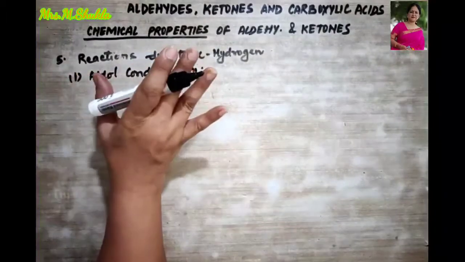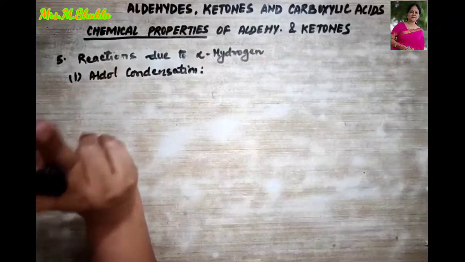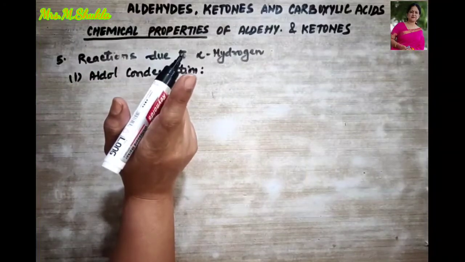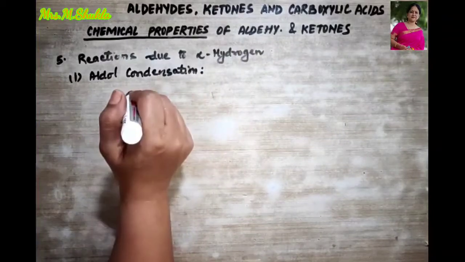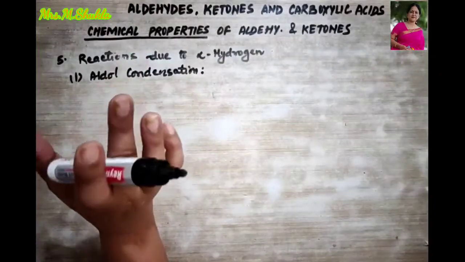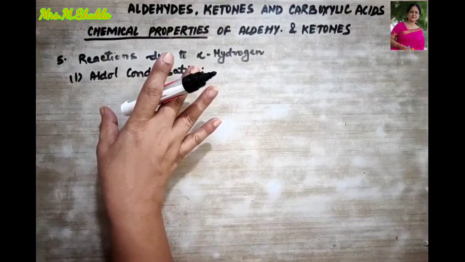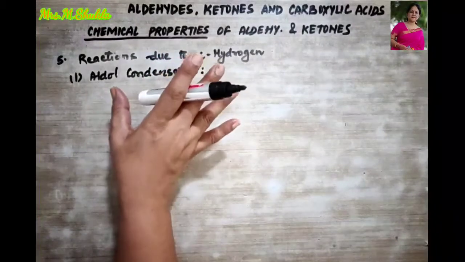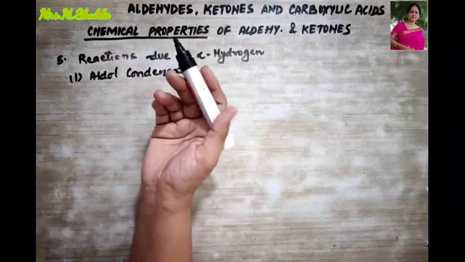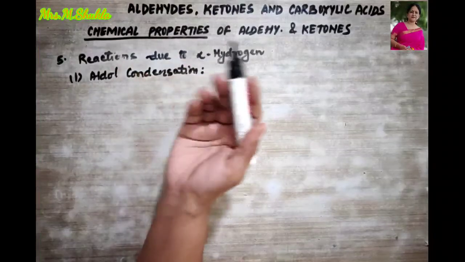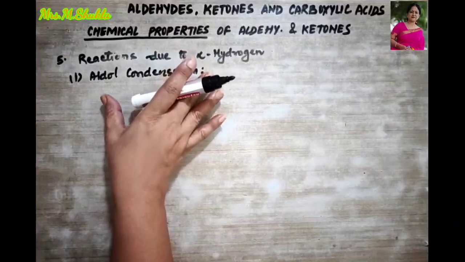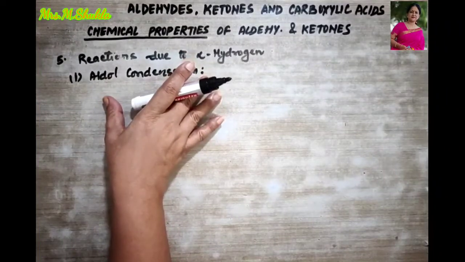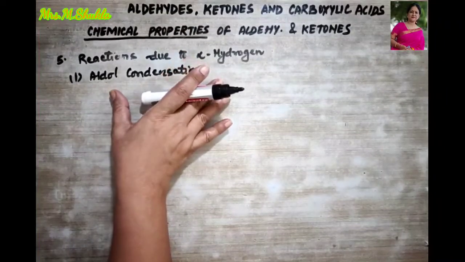The aldehydes and ketones having at least one alpha hydrogen undergo self condensation in the presence of dilute alkali, and they form beta hydroxy aldehyde, or beta hydroxy ketone when treated with ketones.